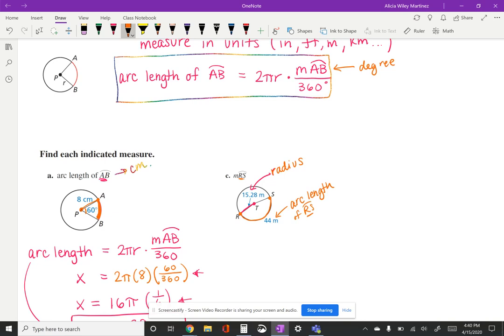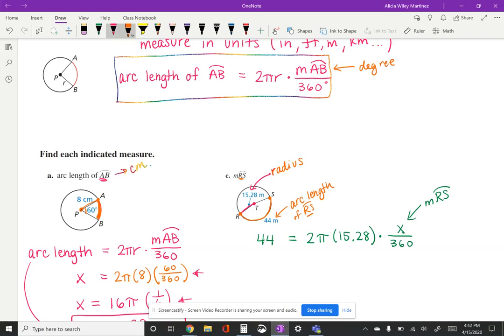So the arc length of RS, in this case, it says it's 44. So that's going to equal 2 pi r, and I see my r, we already designated, is 15.28. And then we're going to multiply that by the fraction of the measure of RS, which we don't know what that is. So you can call the measure of RS x, or you can write measure of RS and know that that is your variable. That's going to be divided by 360.